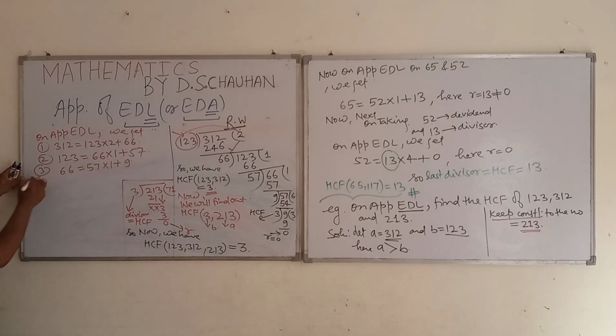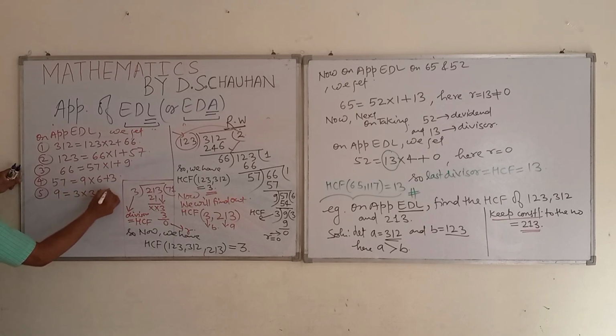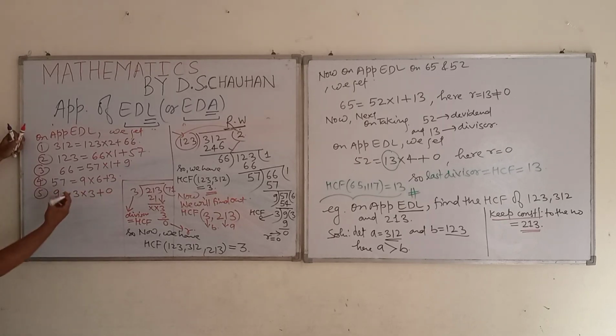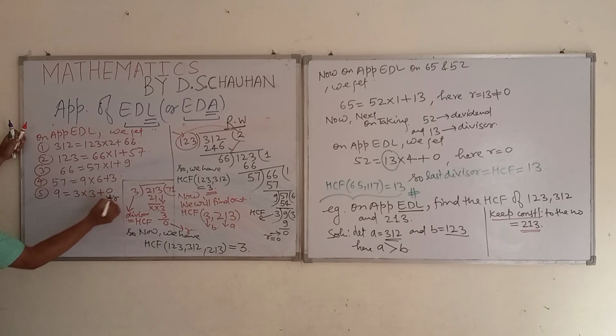The fourth point, here 57 can be written as 9 into 6 plus 3, and at last this 9 can be written as 3 into 3 plus 0. Here students, this remainder is 0 and this last divisor is the HCF.